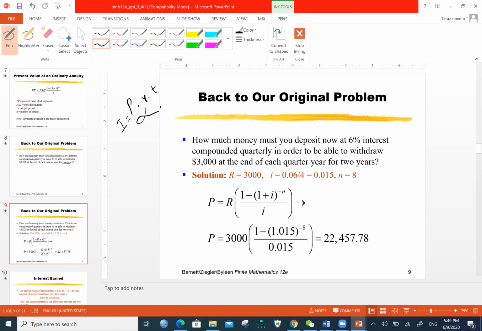Is interest the interest rate divided by how much it's compounded by? No. You see, how much you deposit or how much you get, what is your sequence of it?